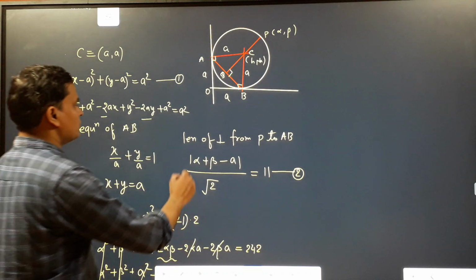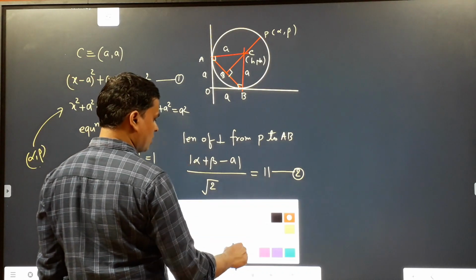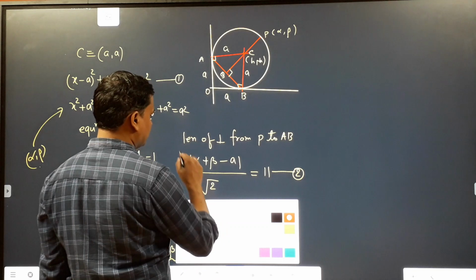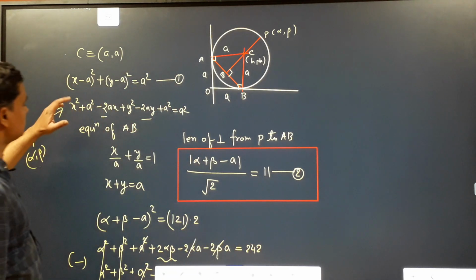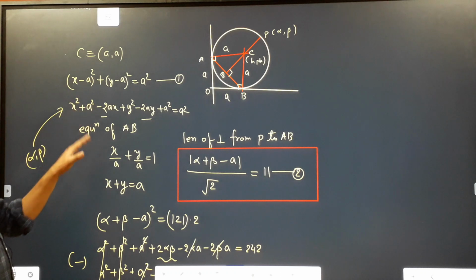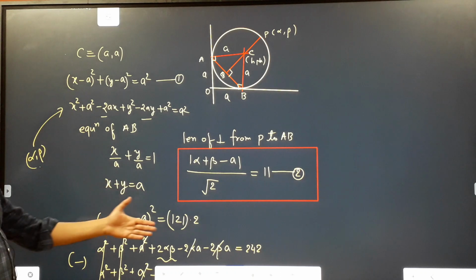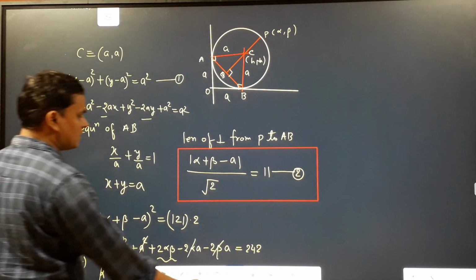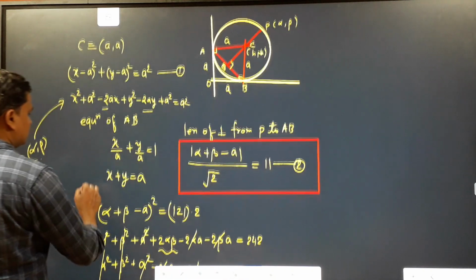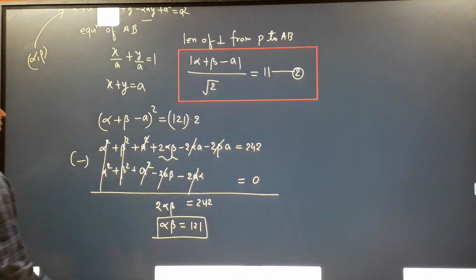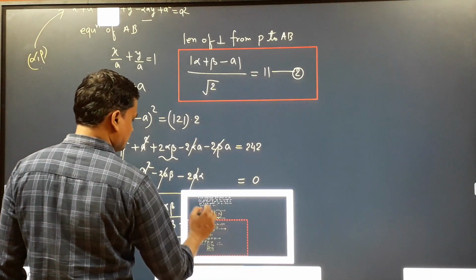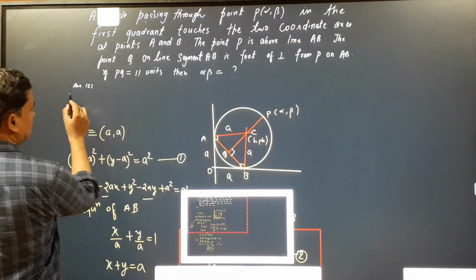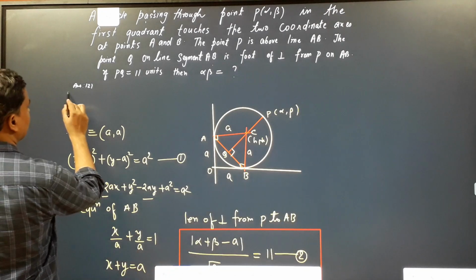The equation that I got, I just squared it. Why? Because here the terms alpha and beta were of second degree, so I will get an expression of second degree from here. After that I just subtracted both these equations, and finally I got the value of alpha beta. The answer was 121 that I got.